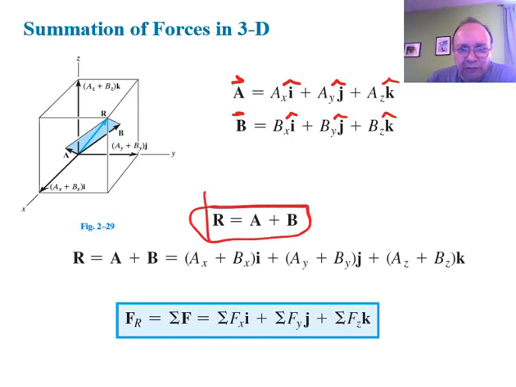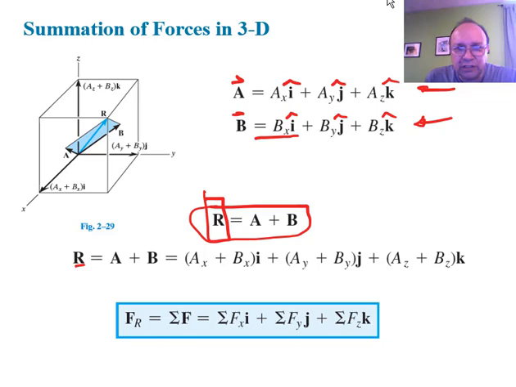So I want to find R, which is A plus B. In order to find the resultant of a couple of forces, or it could be many forces, if you find the components x, y, and z, in this case Ax, Ay, Az, and Bx, By, and Bz, you just write the vectors in the Cartesian way, and then you make the summation by directions.